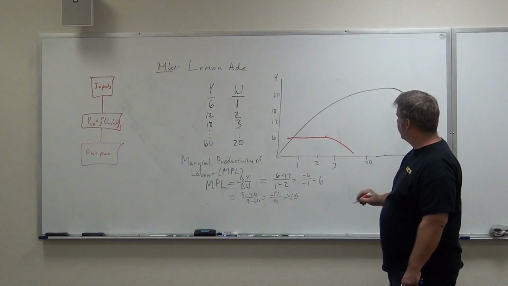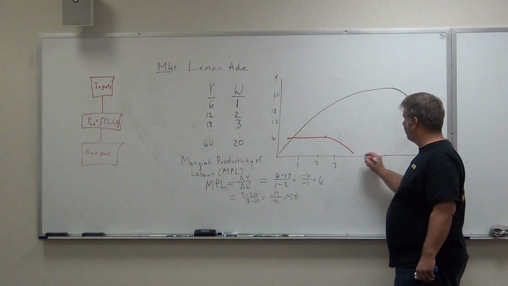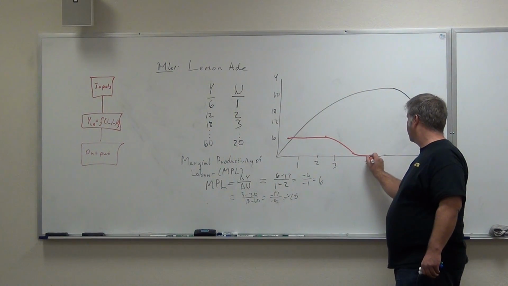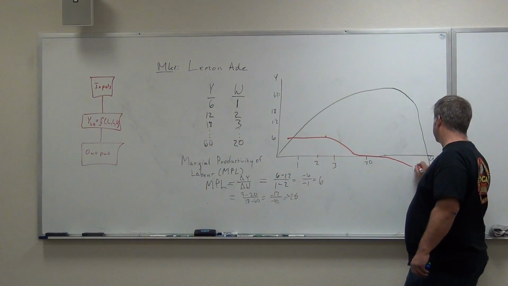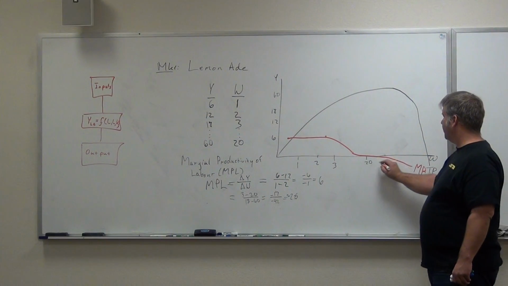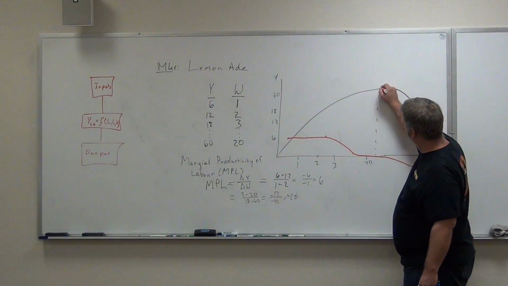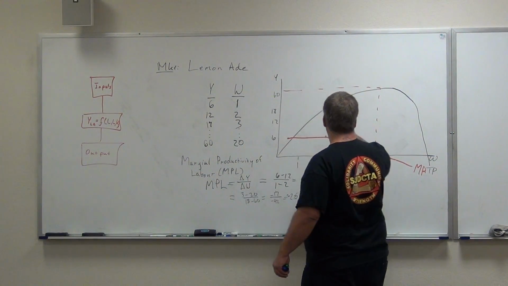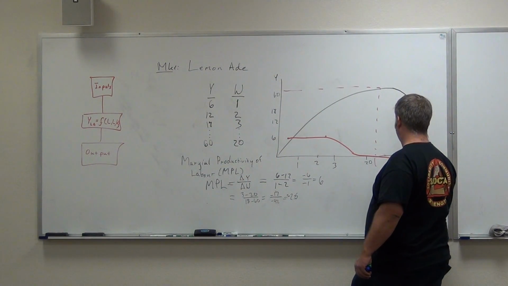What we know is that, and I drew this a little sloppy, but what we know is that marginal production is going to be equal to 0, okay?